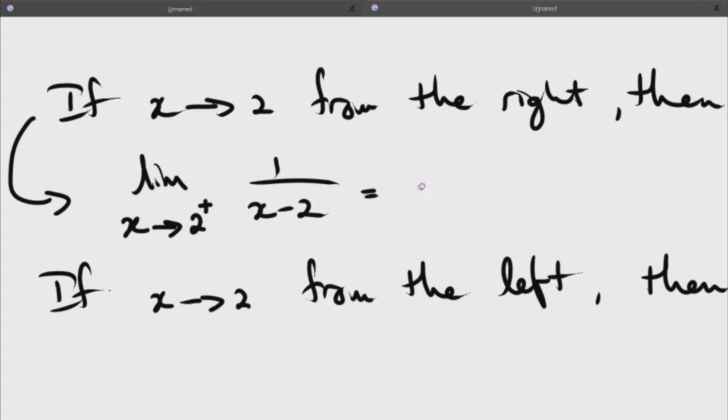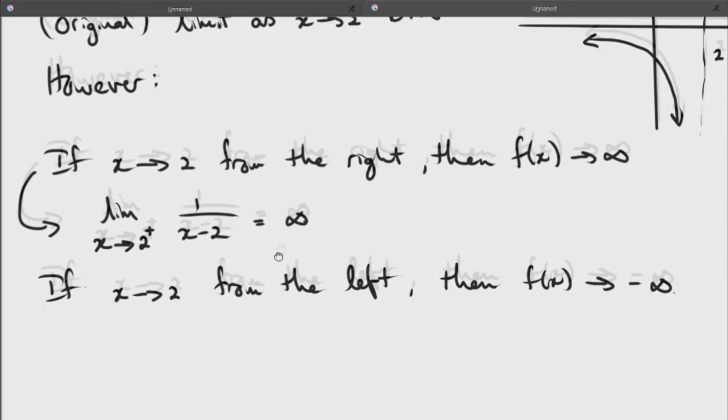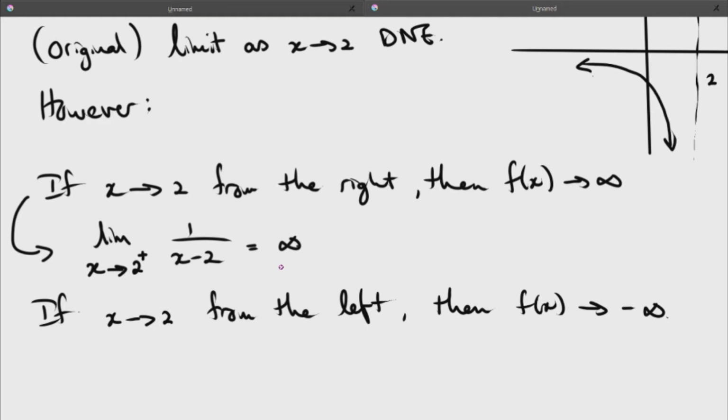And then I can say which infinity it is. Still doesn't exist. Nothing has changed in the answer. I just want to be as specific as possible and give as much information as I can. And to do that, I'm going to have to come from one side to 2. Otherwise, different things happen, and I can't really say.